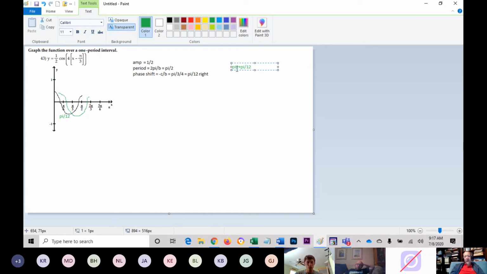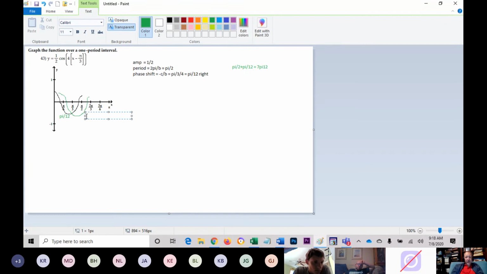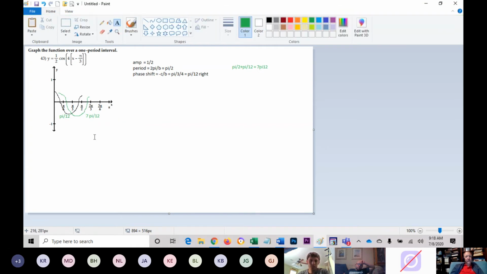Oh, sorry, that's supposed to be divided. Pi halves plus pi twelfths. So that's going to be 6 pi twelfths plus, so that's going to be 7 pi twelfths. And so this value here is going to be 7 pi twelfths. And then the low spot here is going to be 4 pi twelfths, which is pi thirds. Well, I didn't quite draw that right, I guess.